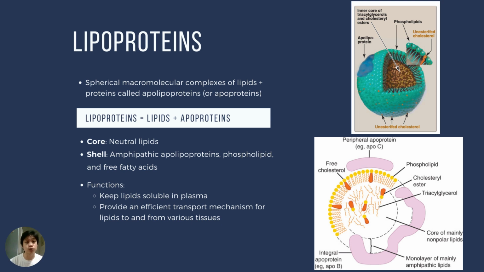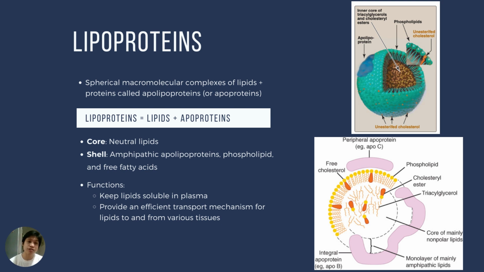It's through lipoproteins. Lipoproteins are spherical, macromolecular complexes of lipids and proteins called apolipoproteins. To make it simple, a lipoprotein is made up of lipid and protein. That protein is called an apolipoprotein or apoprotein.